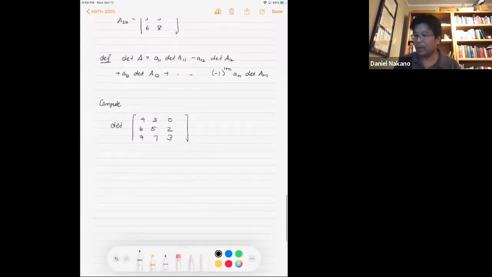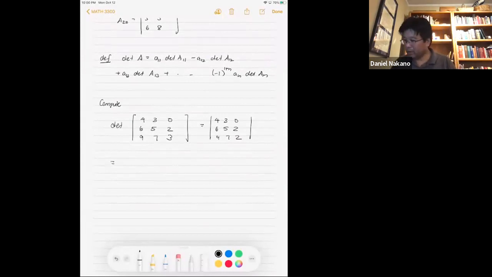All right, so let's compute this one out. Sometimes to denote a determinant we use absolute value bars to signify that we're taking the determinant, so we don't have to write "determinant" all the time.